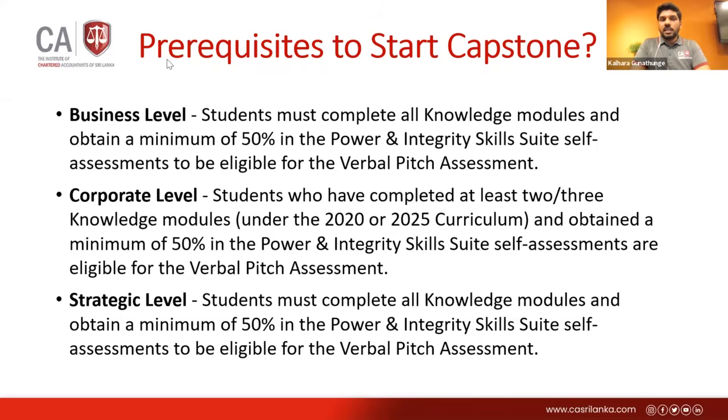But actually we gave a special concession for the corporate level students. According to the curriculum structure we have four core modules at the corporate level. Now let's say if they have two pending subjects or one pending subject, we are allowing them to attempt the capstone assessments parallelly.